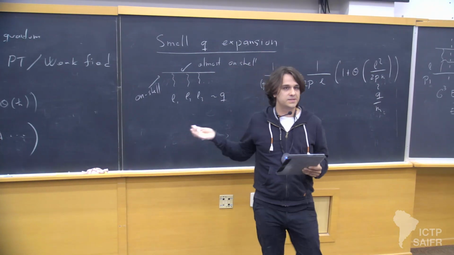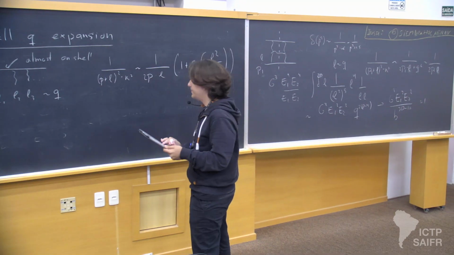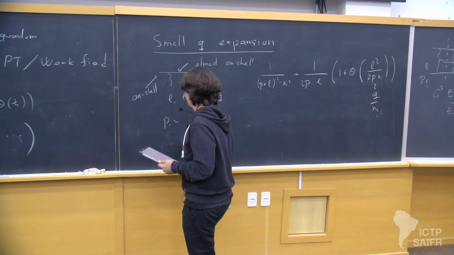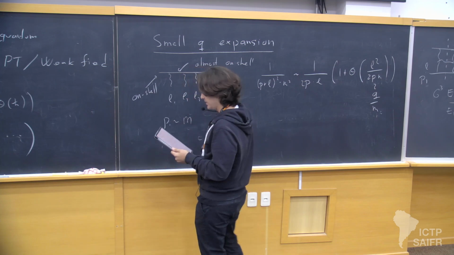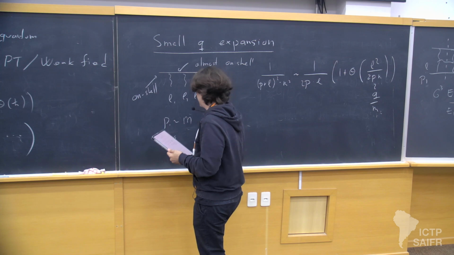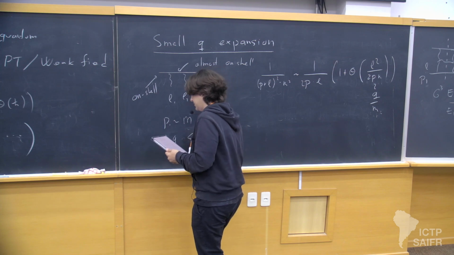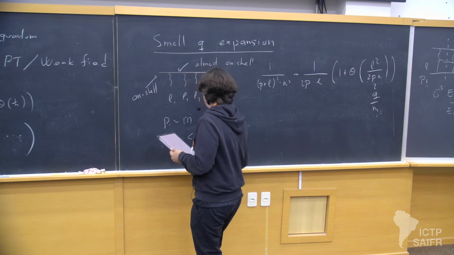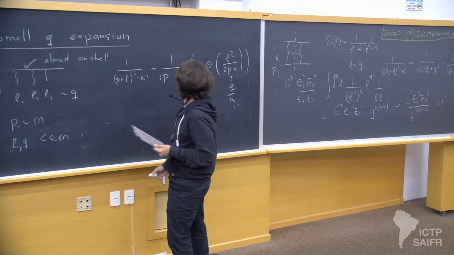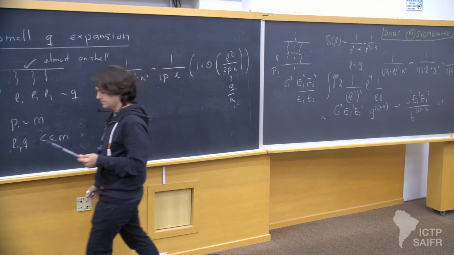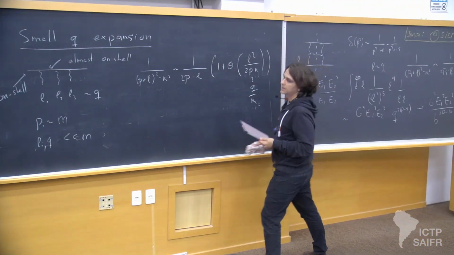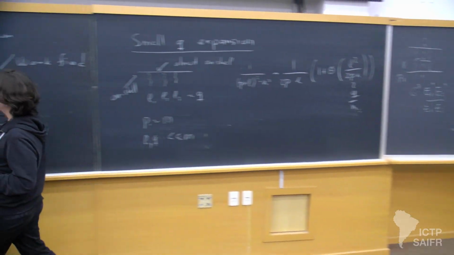So I'm going to power count some diagram just by example. We'll have that the external legs have momentum of order M, and all the loops and Q are much smaller than M. So we just want to expand diagrams in this limit.